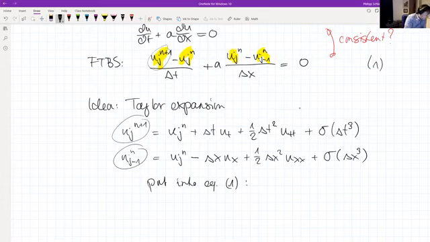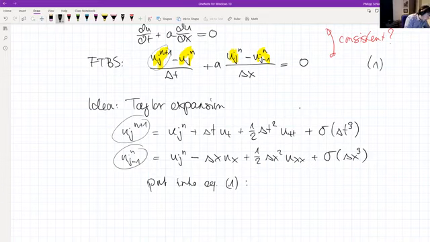And what I get, I'm now doing everything at once, so to save a little bit in writing. But if you just look at it, what happens if I put in the Taylor expansion of u_j^(n+1) here, you can see that I get u_j^n minus u_j^n, meaning that the first term will disappear, and then what remains is the second term and the third term. And of course, the same thing happens here for the convective term as well.